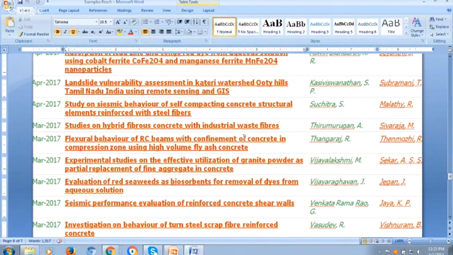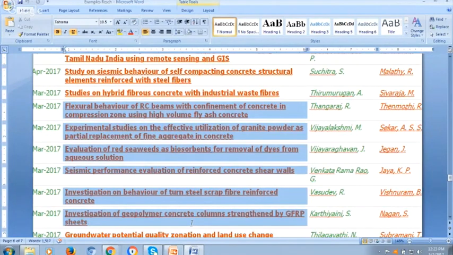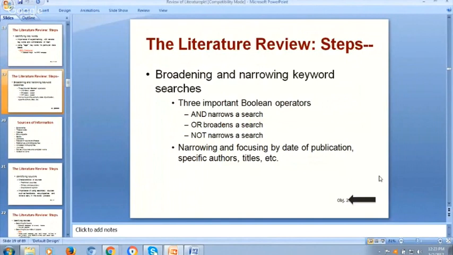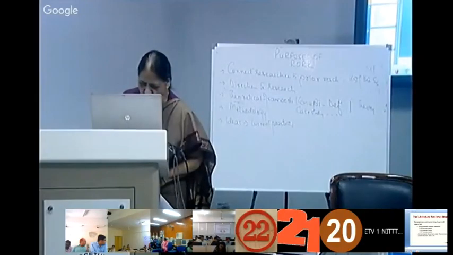And then you look at zone using high volume fly ash. So this has been used as reinforcement. So when you are looking at the problem statement, try to identify the key terms which can be used for searching the engine or searching the databases. And here, broadening and narrowing the keyword is very important.